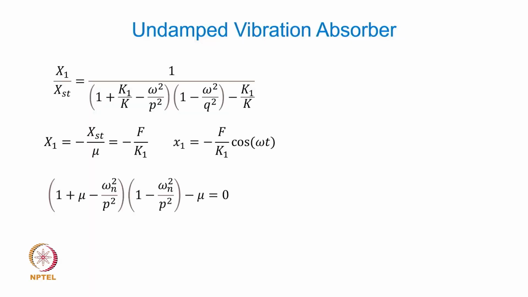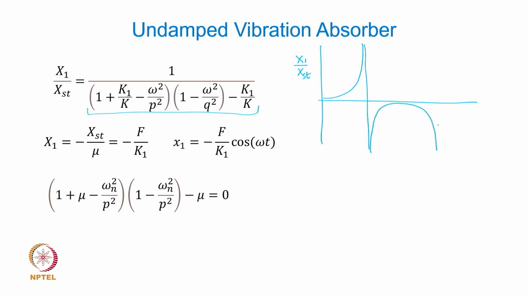If I use this equation, the denominator equal to 0, what will you get? If I plot this x1 upon xst, you would get it this way, and then there will be this kind of a response, and likewise.